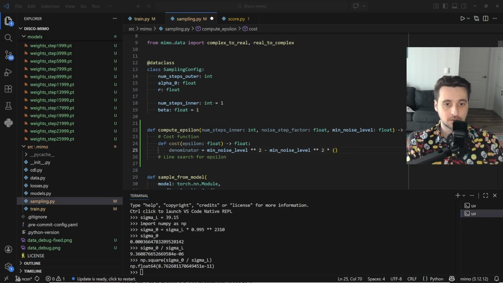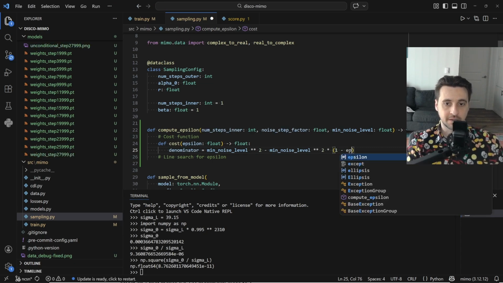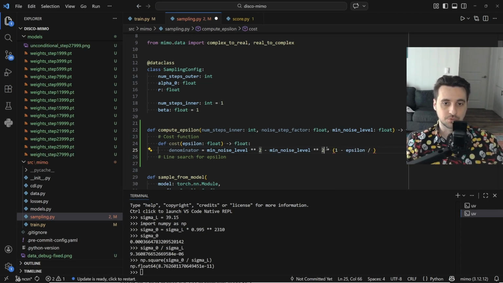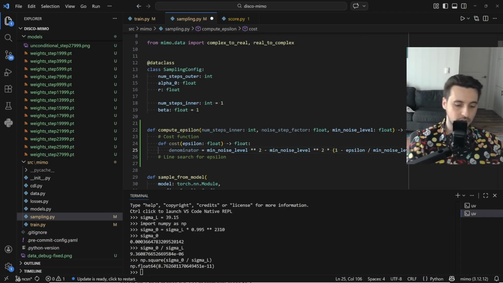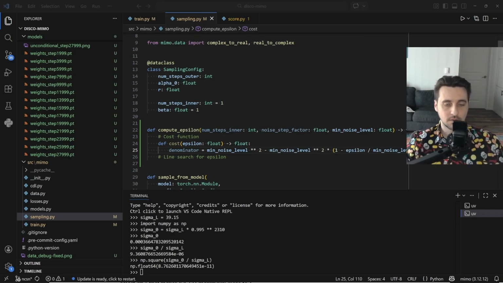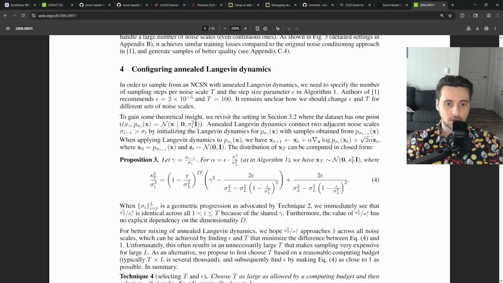What does it want? 1 minus epsilon divided by min noise level squared, everything squared. Right? Yes. 1 minus epsilon divided by squared. Okay.